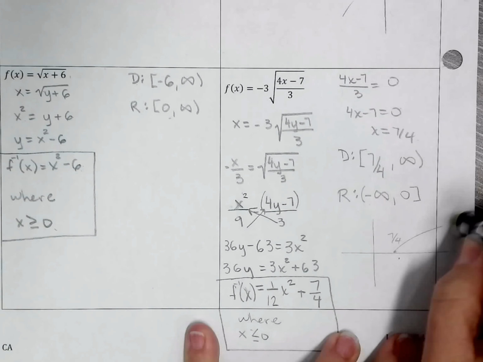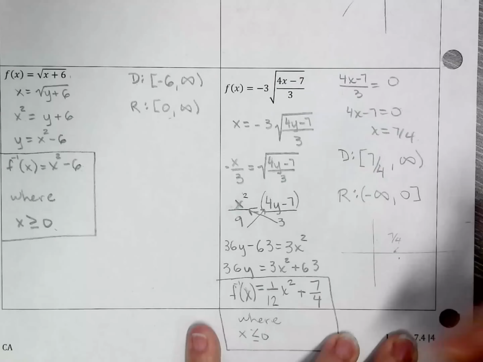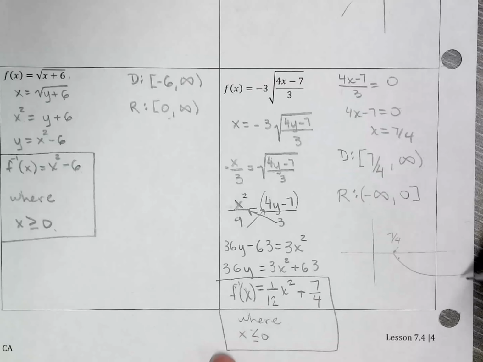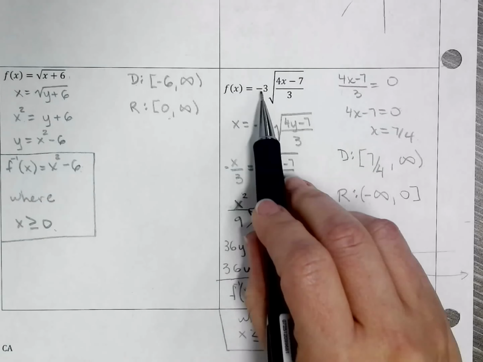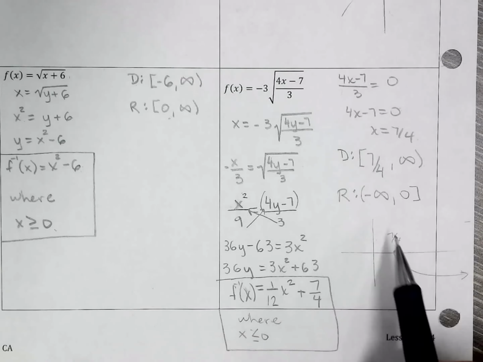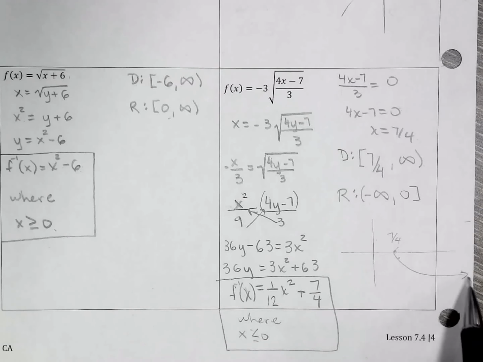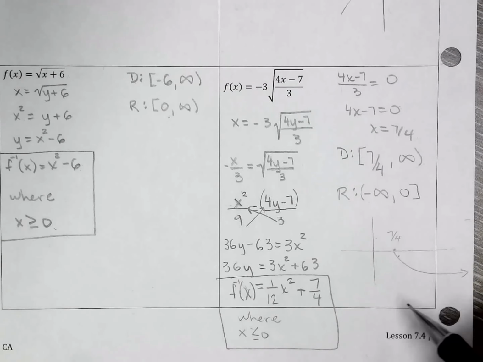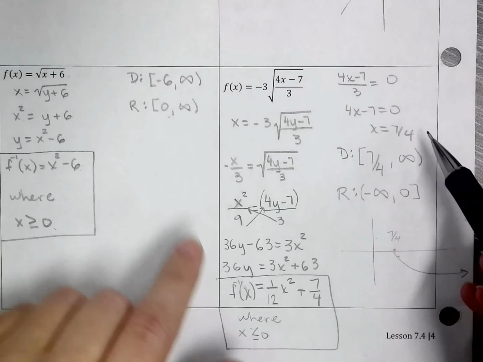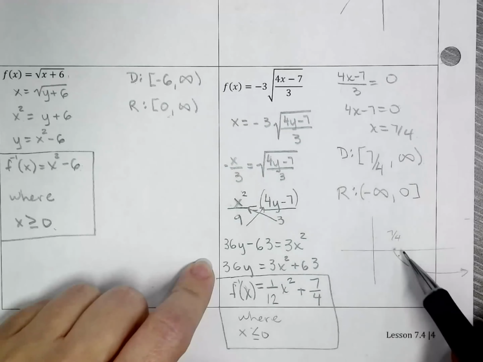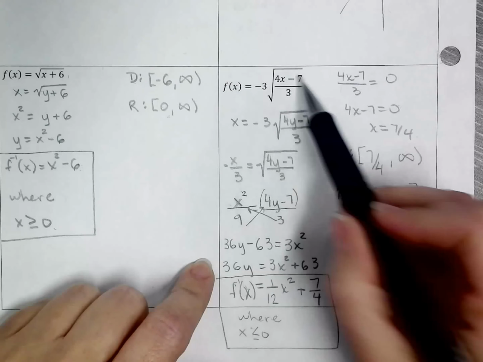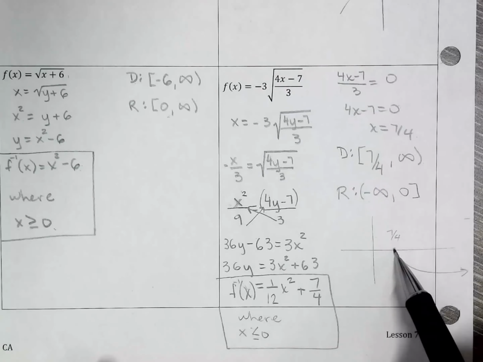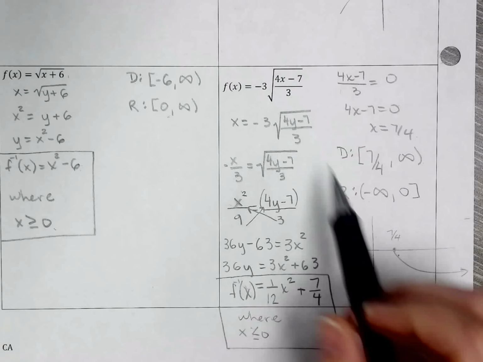Oh, it goes the other way, because that negative right there. And then the range is everything from negative infinity up to 0. Okay, there's nothing wrong with you sketching the graph and see what it looks like. It's just easier to have the visual there. So that's where I got this 7 over 4 from. It's when you make this 0, you know that's going to be where your graph is.